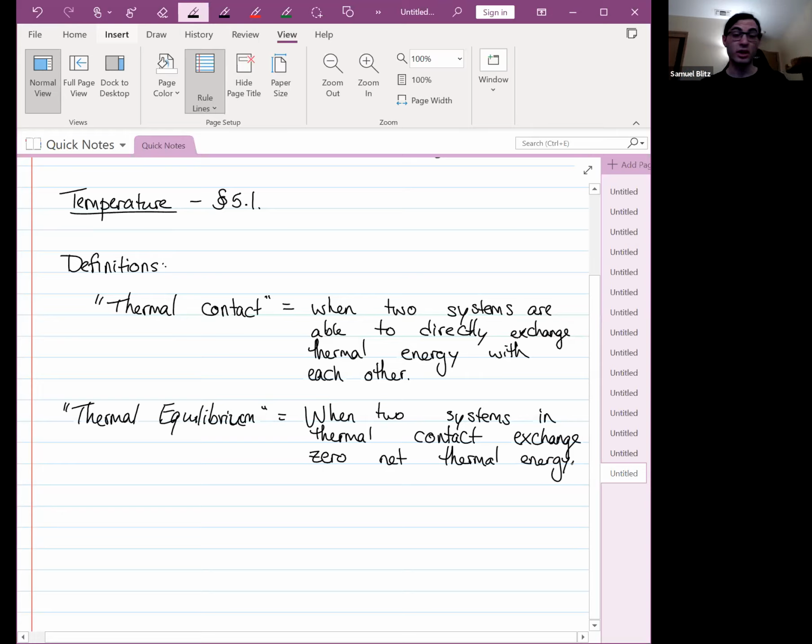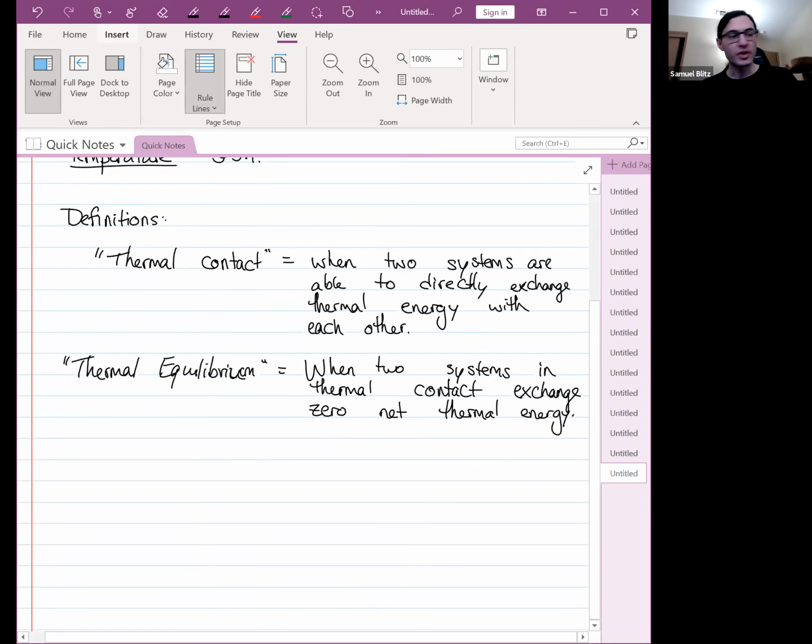So that would be an example of two things being in thermal equilibrium. If they're in thermal contact, but the net exchange of thermal energy is zero. We need the notion of thermal contact in order to describe thermal equilibrium.